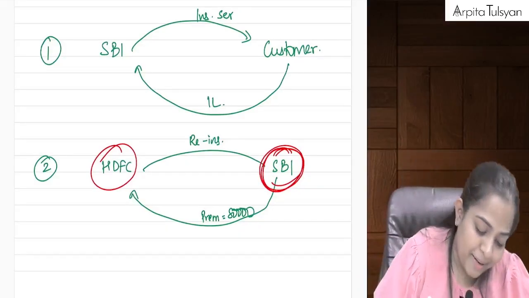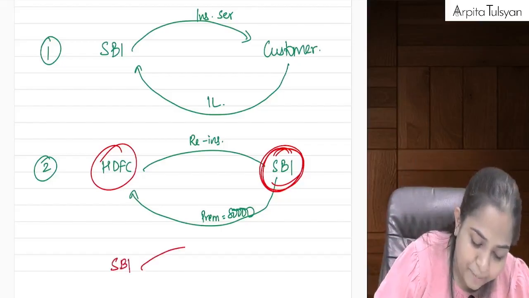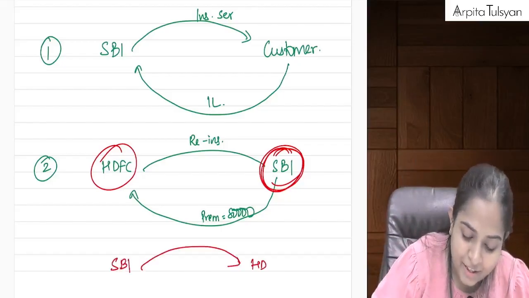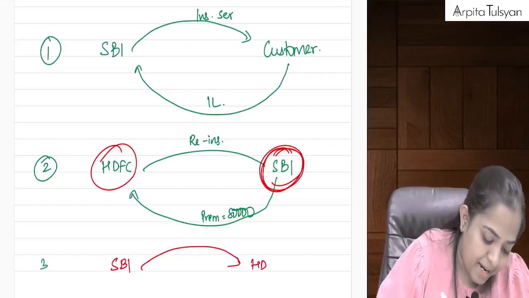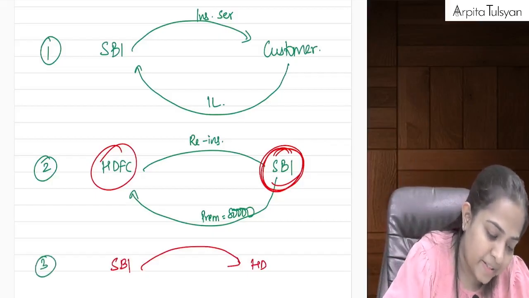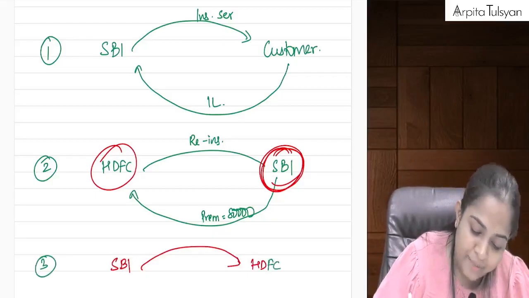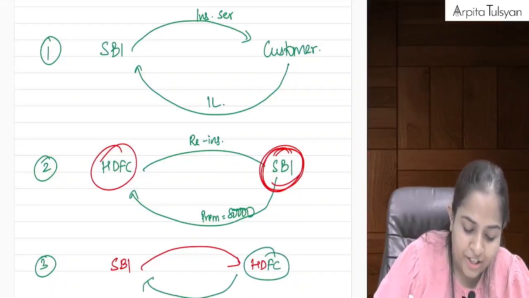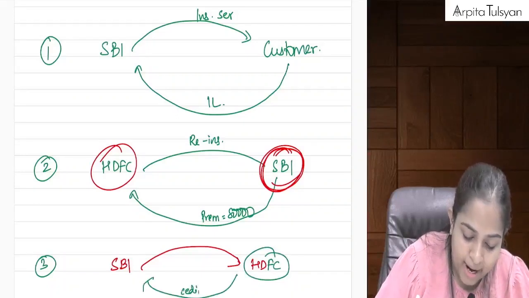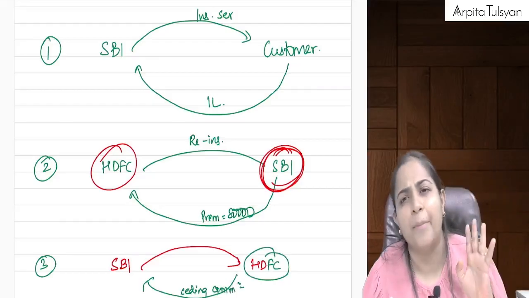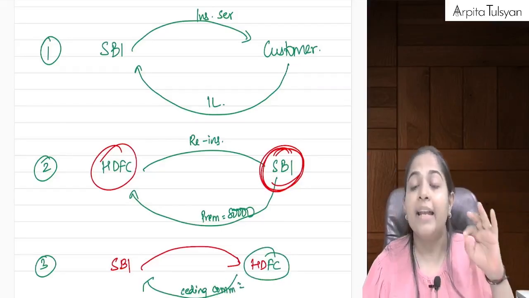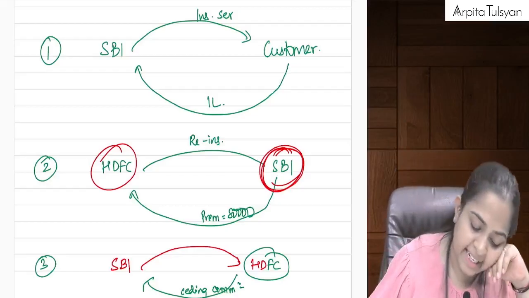So here SBI is providing services, the third one, to HDFC, for which HDFC is required to pay something called reinsurance commission or ceding commission, whatever you want to call it.